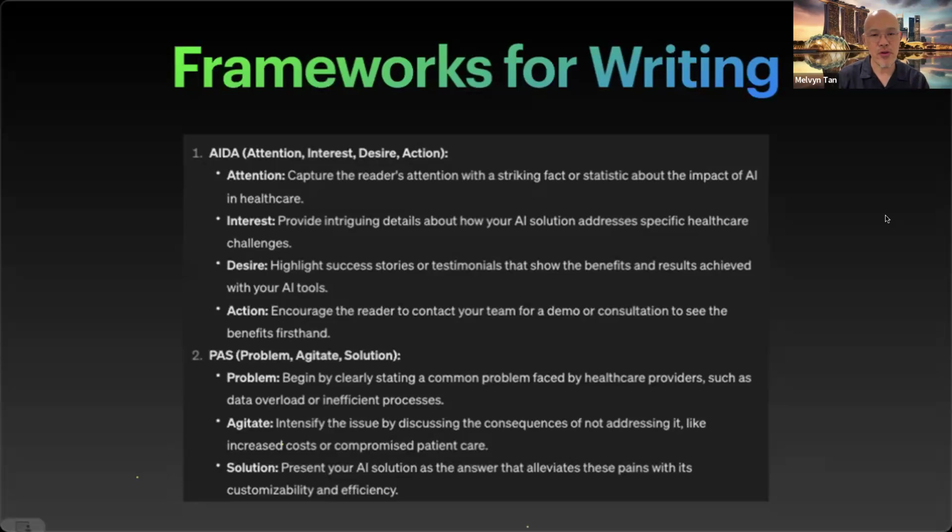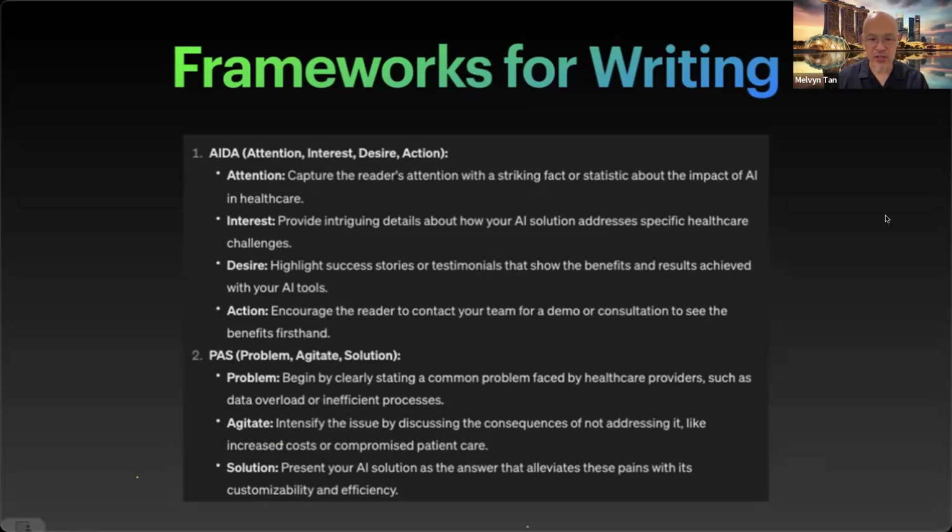As an example here, if you look at this slide, example number 2 is PAS, right? Problem, agitate, and solution. This gives you a framework, and with the framework itself, it helps GPT give you a better output.